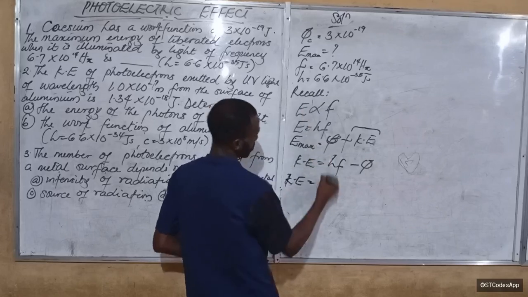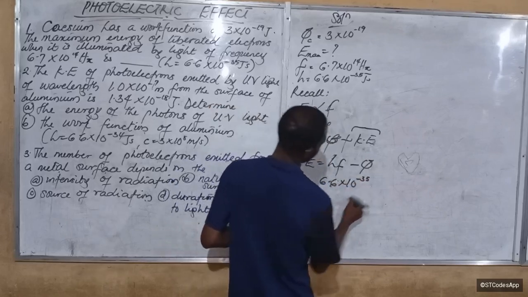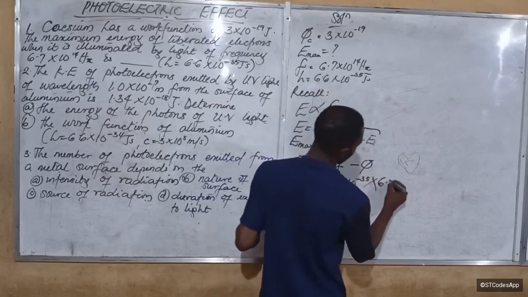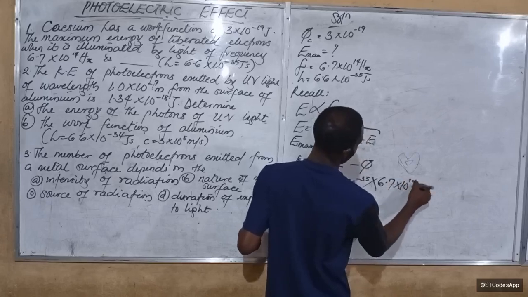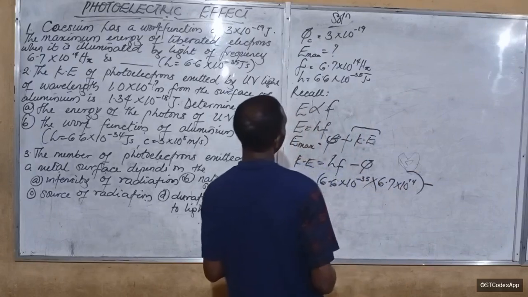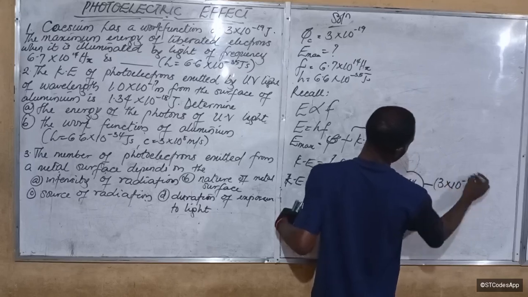So KE is equal to h, which is 6.6 times 10 to the power minus 35, times the frequency, which is 6.7 times 10 to the power 14, minus the work function, which is 3 times 10 to the power minus 19.